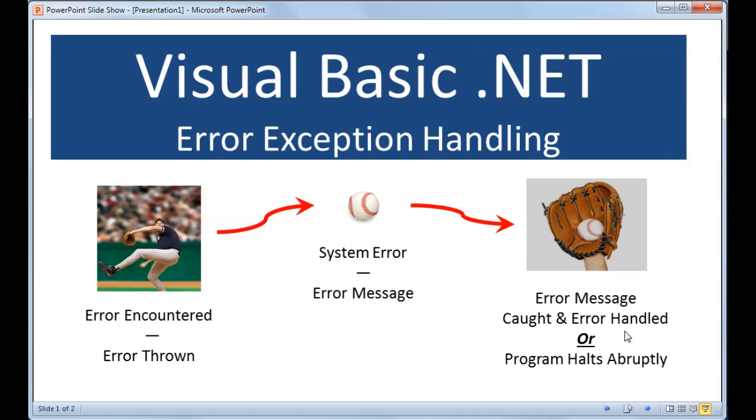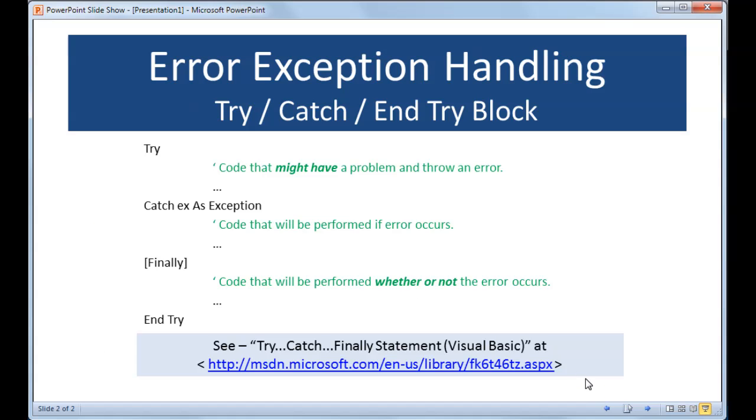Or if we don't program for it and we fail to do our job of making our program bulletproof, then the program will halt abruptly, giving us an error message that the user probably will not understand, and will cause the program, no doubt, to terminate in an untimely and ungraceful fashion. So let's look at how we might code that.